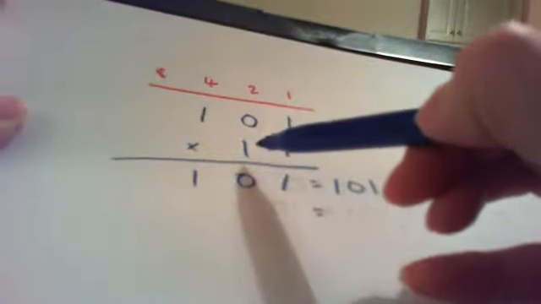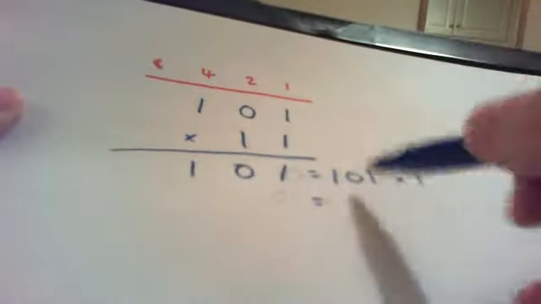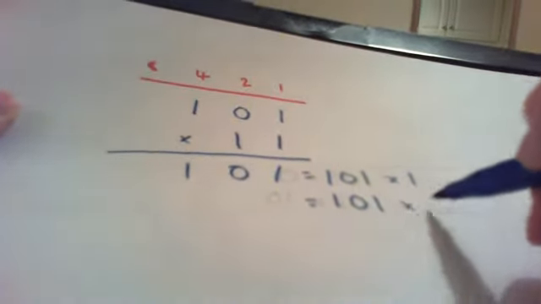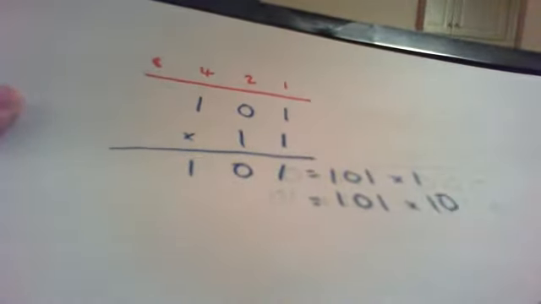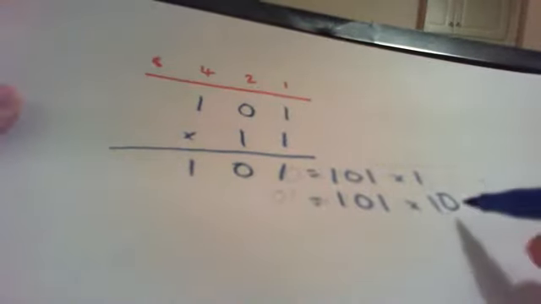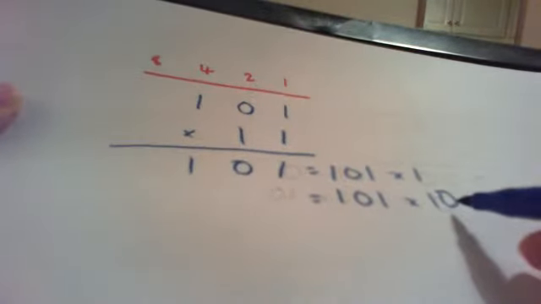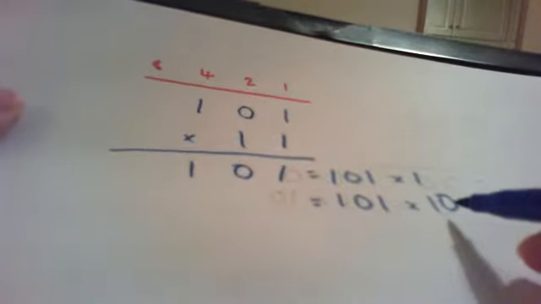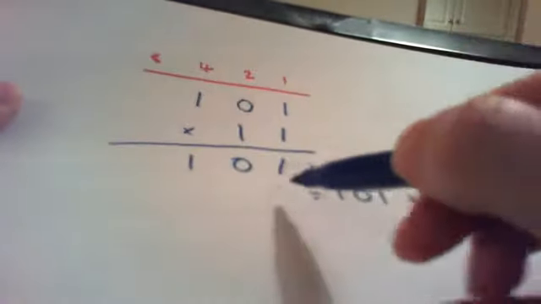Now what do I need to times it by? 101 times by 2. The 0. 2 is the base number, which means we're going to have a shift one place to the left.